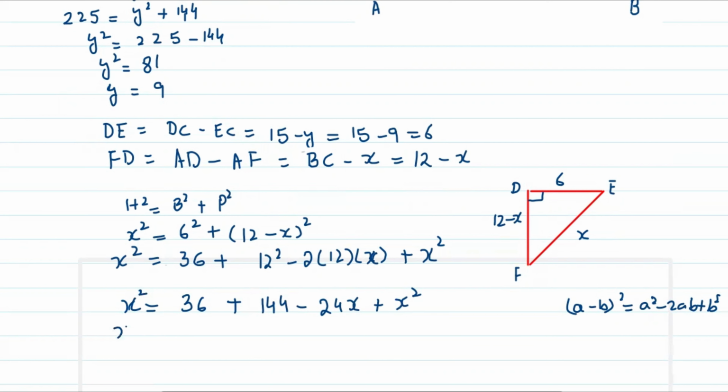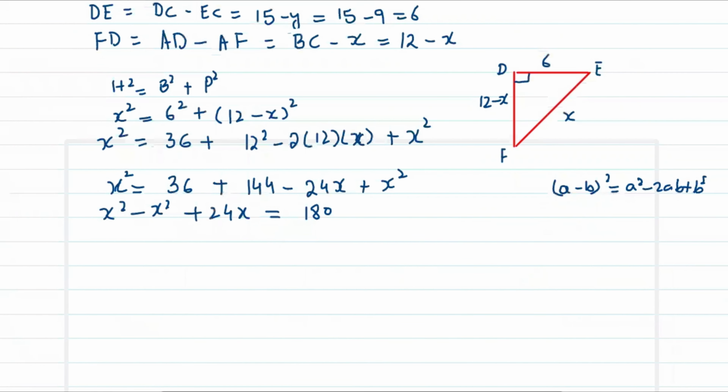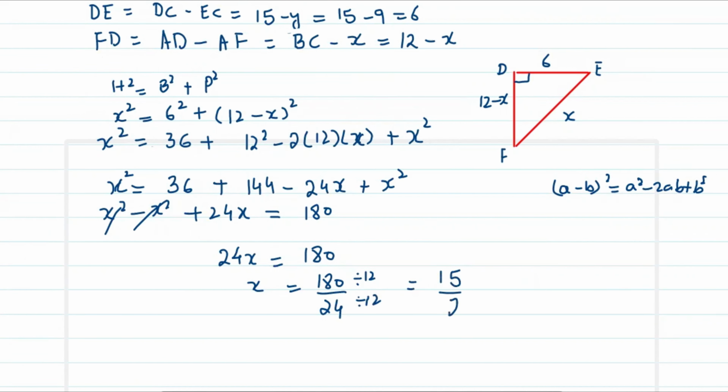Now we can write it as X square minus X square plus 24X equal to 36 plus 144 equal to 180. X square minus X square will be cancelled. Now we can write it as 24X equal to 180. Then X will be equal to 180 divided by 24. Now if we divide this fraction by 12, we get 15 over 2, and that will be the value of X.